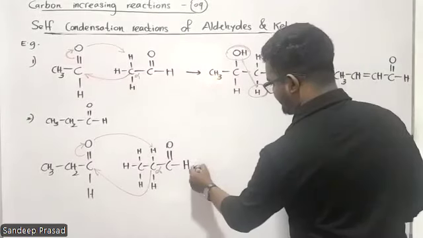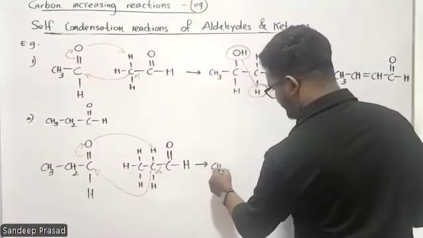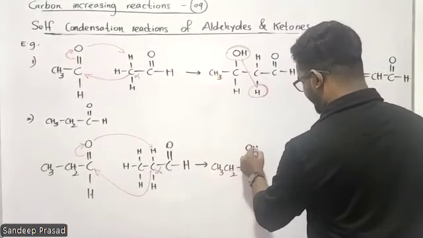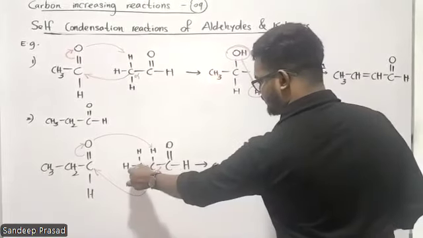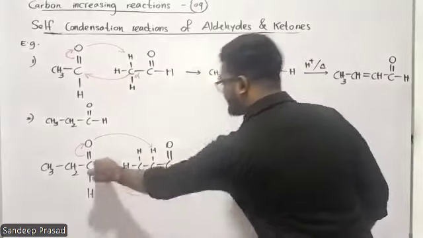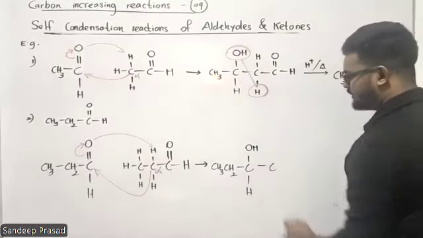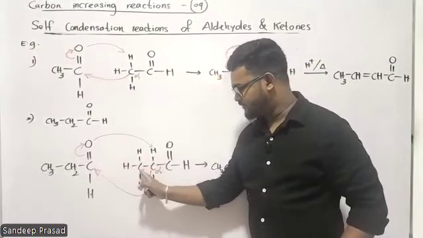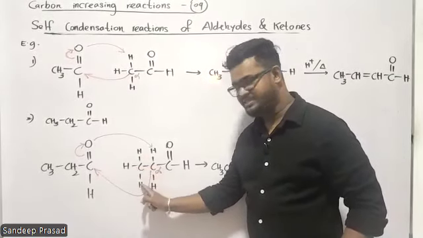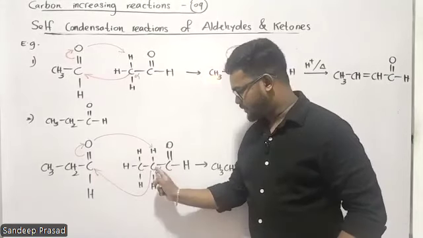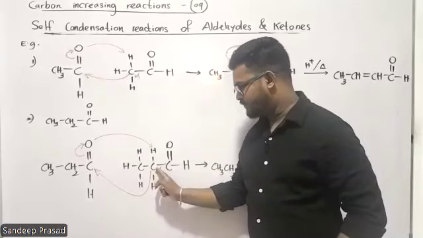Then the product should be CH3, CH2, OH here. So now we know that this is the carbon atom connecting there, right? Be careful. Don't connect this beta carbon atom to this one, because for the beta carbon atom, the octet is already satisfied. So you can't connect that carbon atom to this carbon. You have to be very careful here.